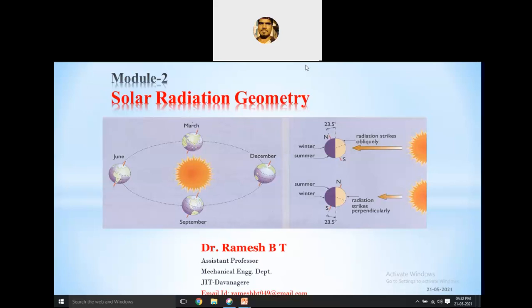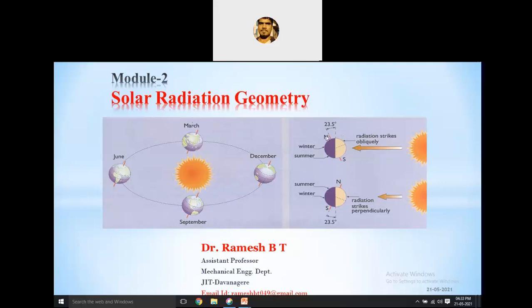In the first slide you can observe the sun, and the earth revolving around the sun and changing its position. In December it is a different position, in March a different position, in June different, and in September different. Like this, different months have different inclinations. In the second picture you can also observe summer and winter.